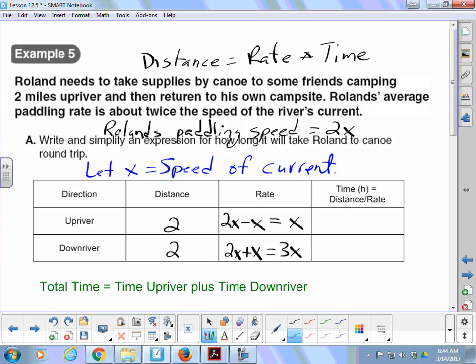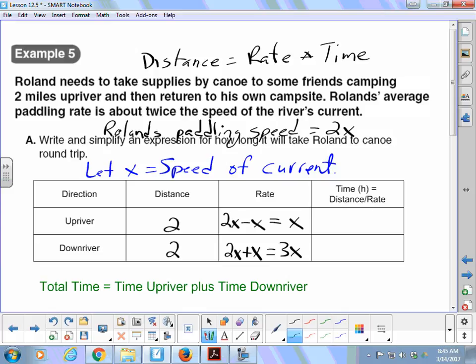So the speed of Roland going upriver is only x miles per hour. He's actually traveling upriver at the speed of the current. When he's going downriver, the current is helping me, so I'm going 3 times as fast.